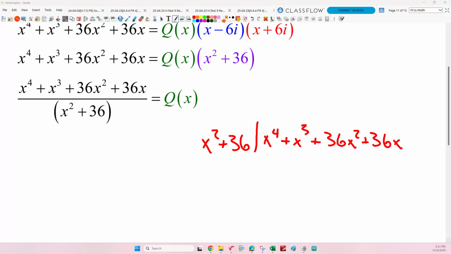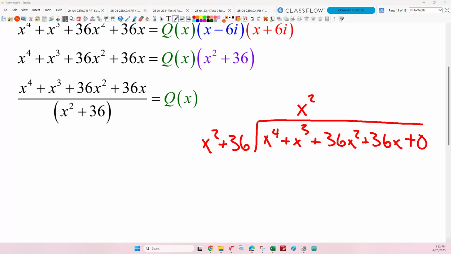Can I stop there? Yeah, I have to put plus 0 because I could end up with something in that column. Okay, what's my first step? Yep, if I divide x to the 4th by x squared, what do I get?